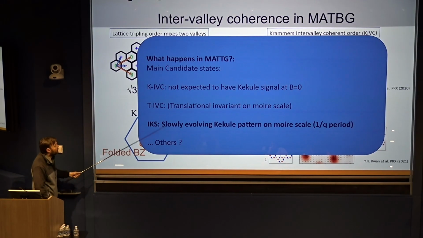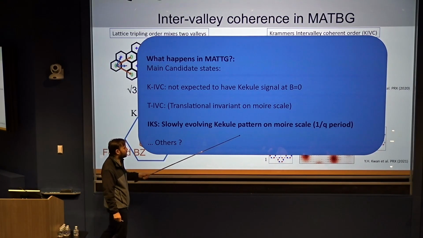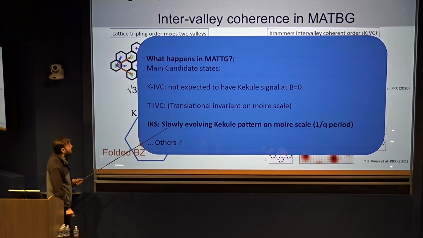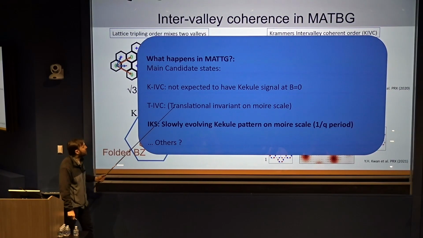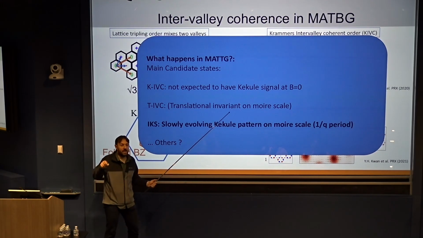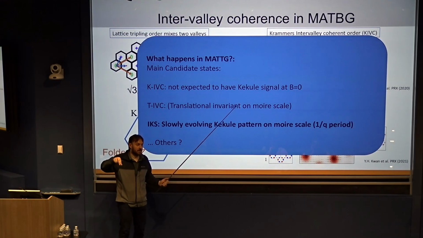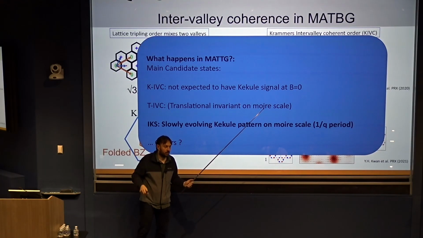But then there are two different states that are a little bit harder to distinguish. One is the time-reversal symmetric intervalley coherent state, which has translational symmetry on the Moiré scale. So if you go from one Moiré site to another Moiré site, you should see exactly the same Kekulé reconstruction.